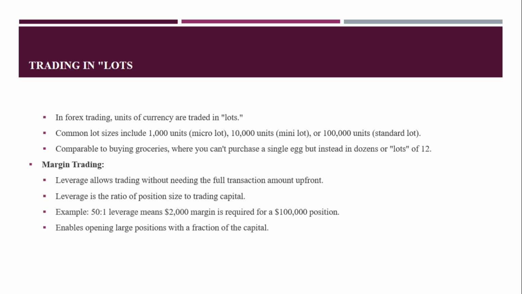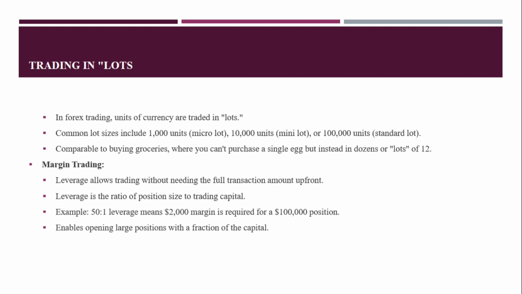By using leverage. When you trade with leverage, you wouldn't need to pay the 10,000 euros up front. Instead, you'd put down a small deposit, known as margin. Leverage is the ratio of the transaction size, position size, to the actual cash, trading capital, used for margin.